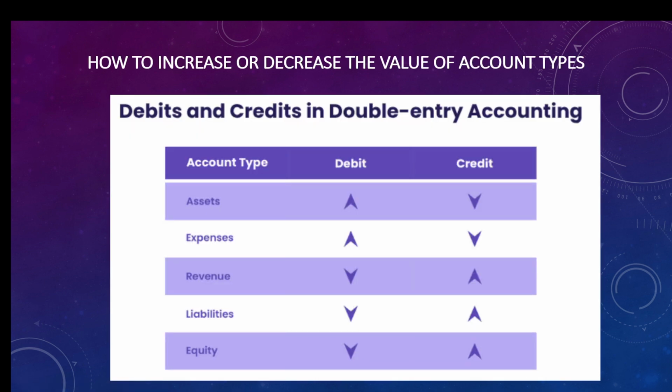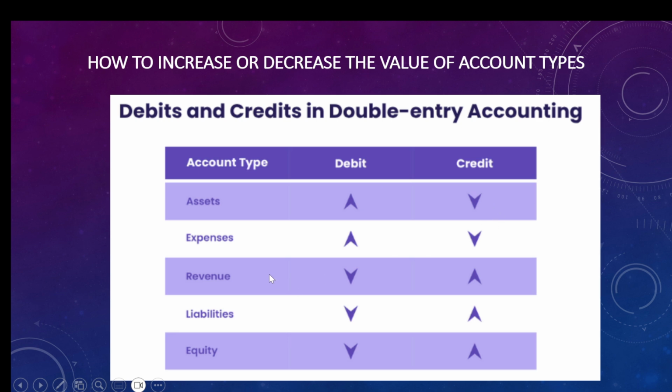Now, how do we increase or decrease the value of various account types? Whenever we want to increase an asset, we have to debit it. When we want to decrease the asset, we have to credit it. To increase the expense account, we debit it, and to reduce it, we credit it.